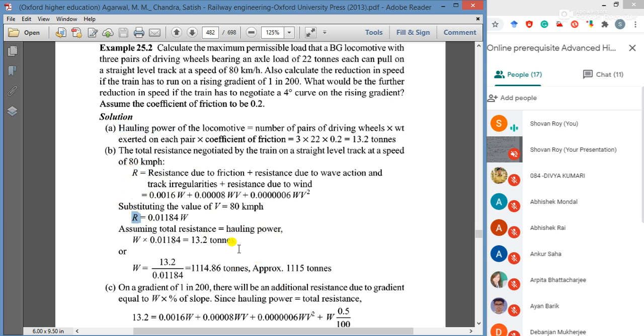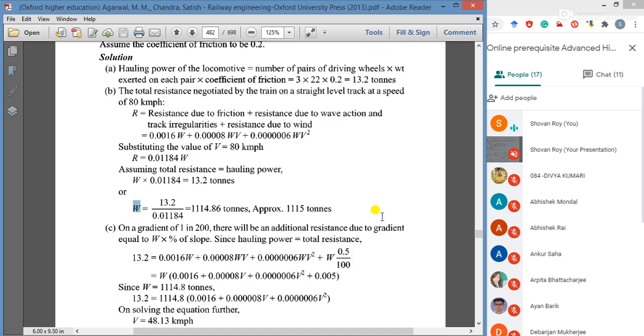So if the hauling power is 13.2, then 0.01184 W equals 13.2 tons. Now we can calculate the W value, the weight of the vehicle. The weight of the vehicle is 1114.86 tons, approximately 1115 tons. So now the weight of the vehicle is available.